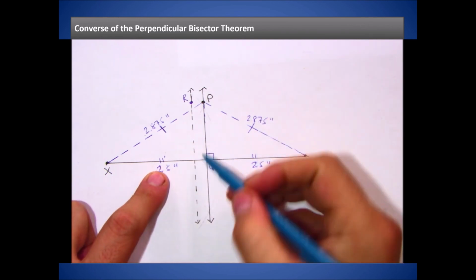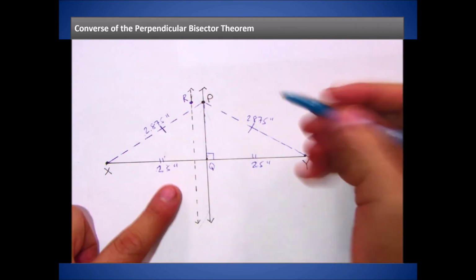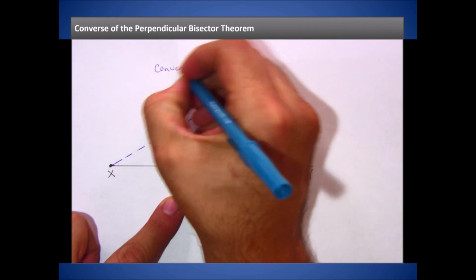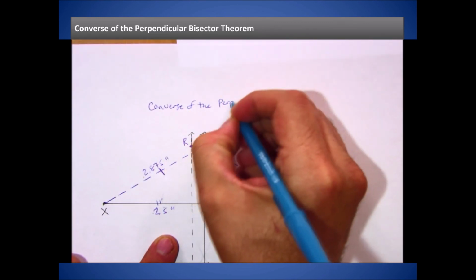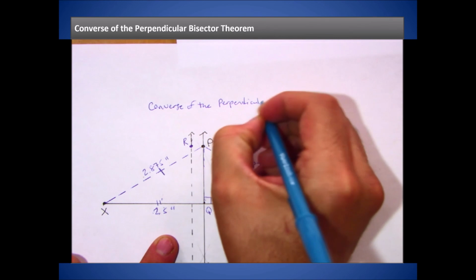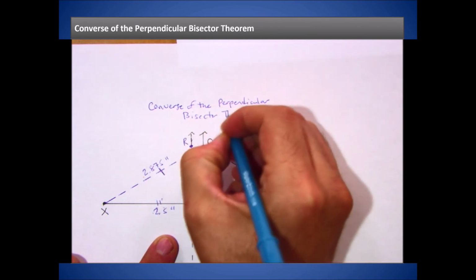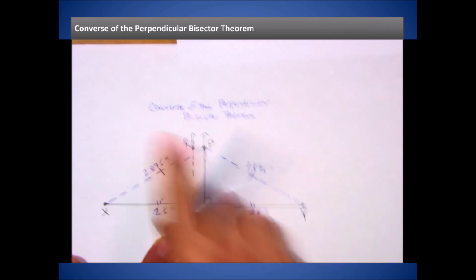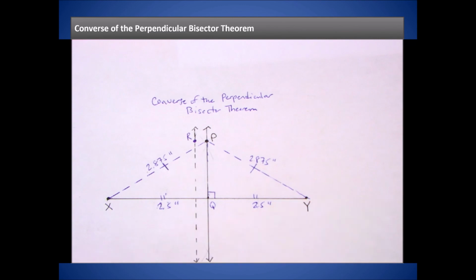Now, we know that this is true. This is the converse of what we just did. This is called the converse of the perpendicular bisector theorem. Converse means the reverse. So we're essentially reversing the theorem that we talked about last time.